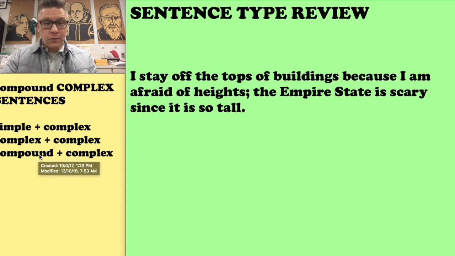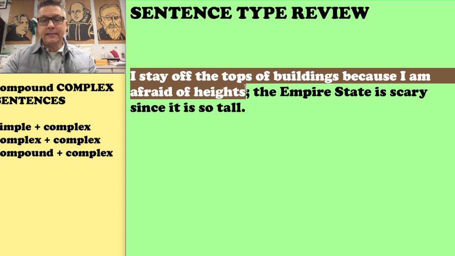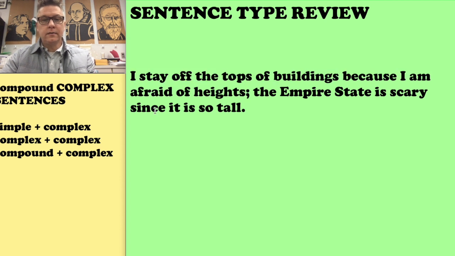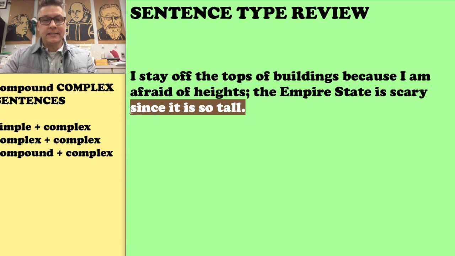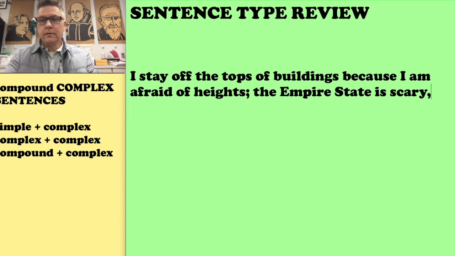And the last one then is a compound complex. So we'll keep my still complex sentence here before the semicolon, and we will add something instead of the since it is so tall dependent clause. We have to add a comma conjunction since I already used the semicolon.